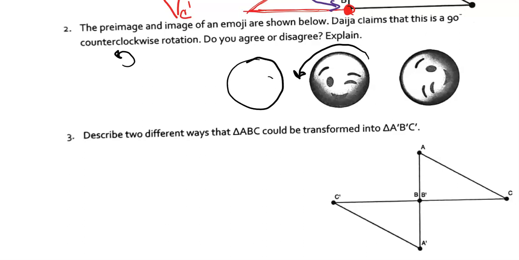So the mouth is going to be here, and then the winky eye, it would be over here, and then the open eye would be over here. Okay, so we can see that these are not the same.